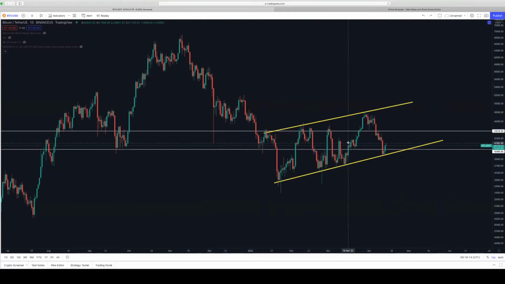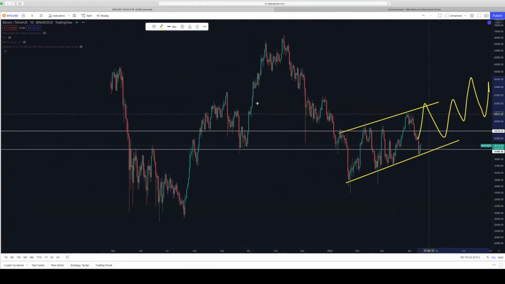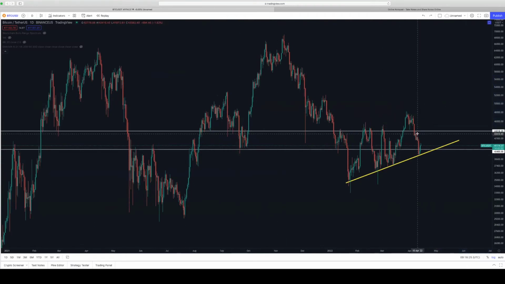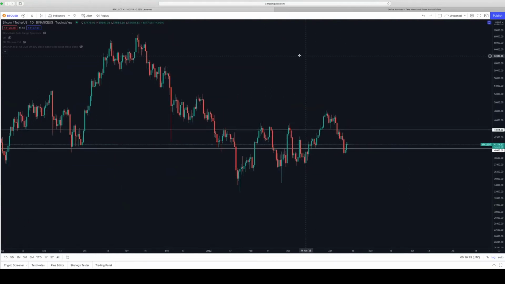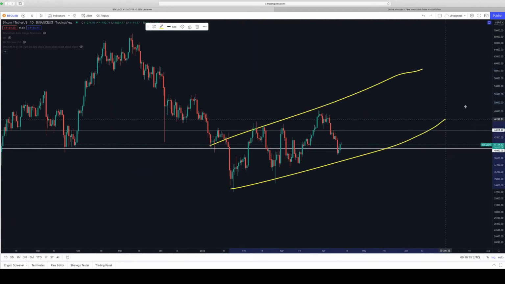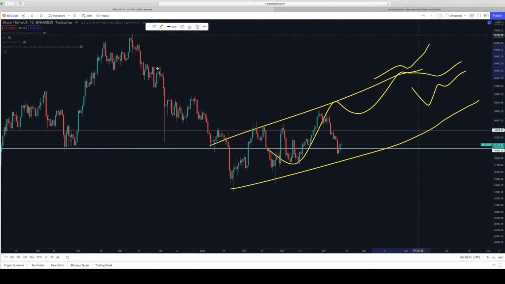But the thing about these channels is that they can just crab walk themselves for a long time. You will find examples of channels being walked out to ridiculous lengths. It may, and also the longer that it lasts within this channel, the less it becomes a bear flag, right? Because it's moving up to all-time highs.